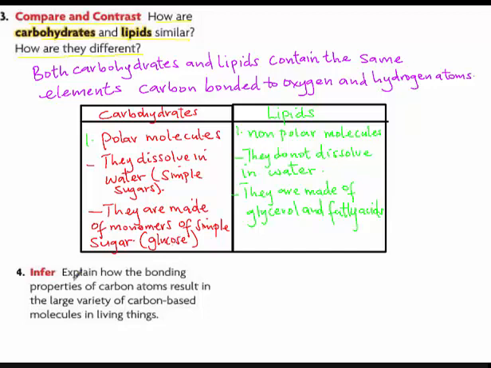The next question says: explain how the bonding properties of carbon atoms result in the large variety of carbon-based molecules in living things.